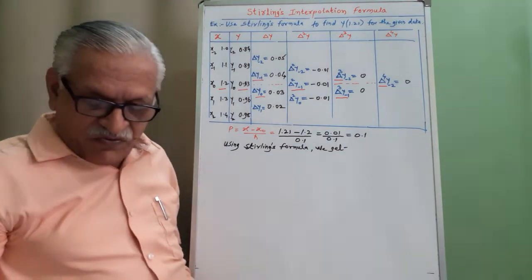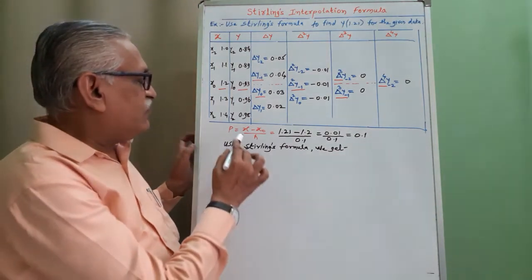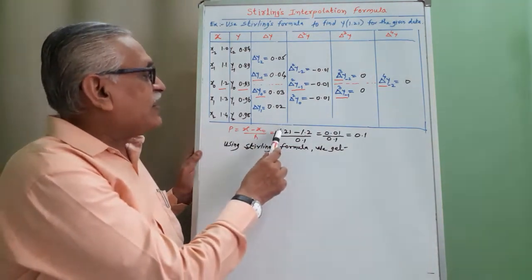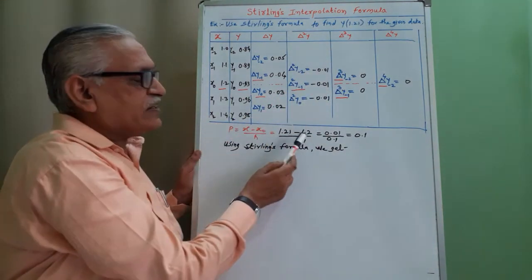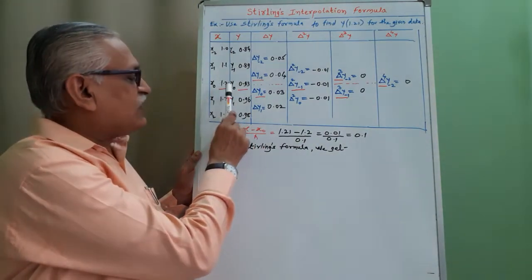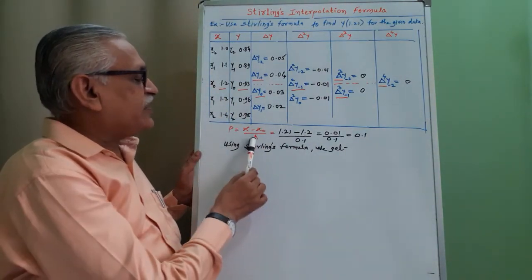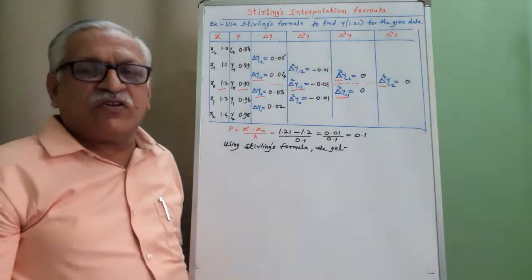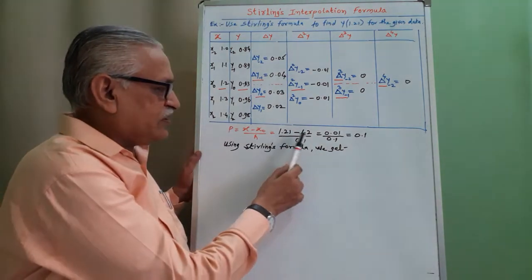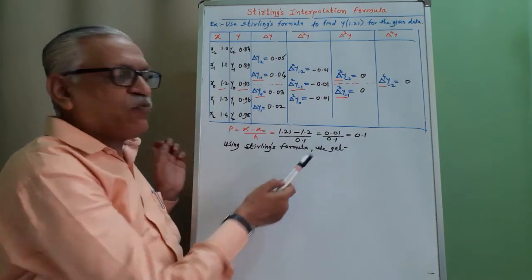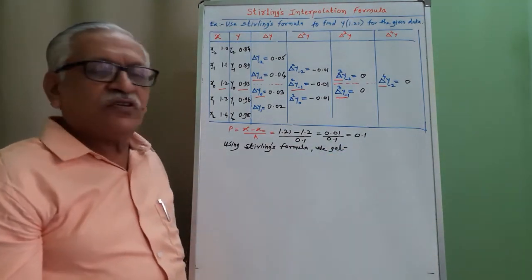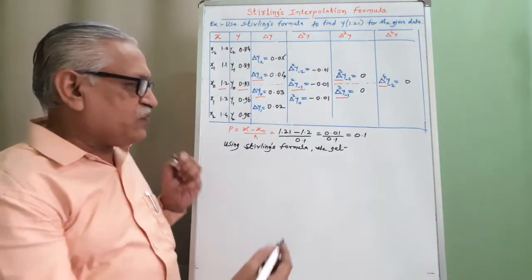Then we try to find the value of p, where p is given by x minus x0 by h. The value of x is 1.21, x0 is 1.2, and h is the difference between two values, that value is 0.1. Therefore, this one is 0.01 divided by 0.1. If we calculate that value, we get the value of p as 0.1.